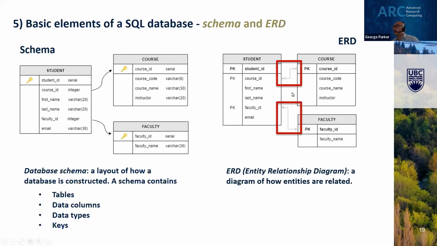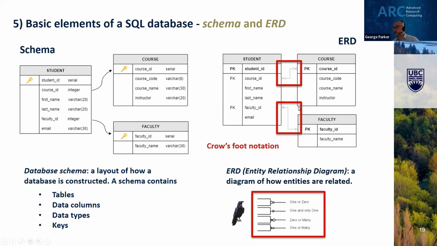As you can see, I have some symbols here at each end of the relationships, and they are called crow's foot notation. There are 1 or 0, 1 and only 1, 0 or many, and 1 to many relationships. And we're going to take a close look at that.